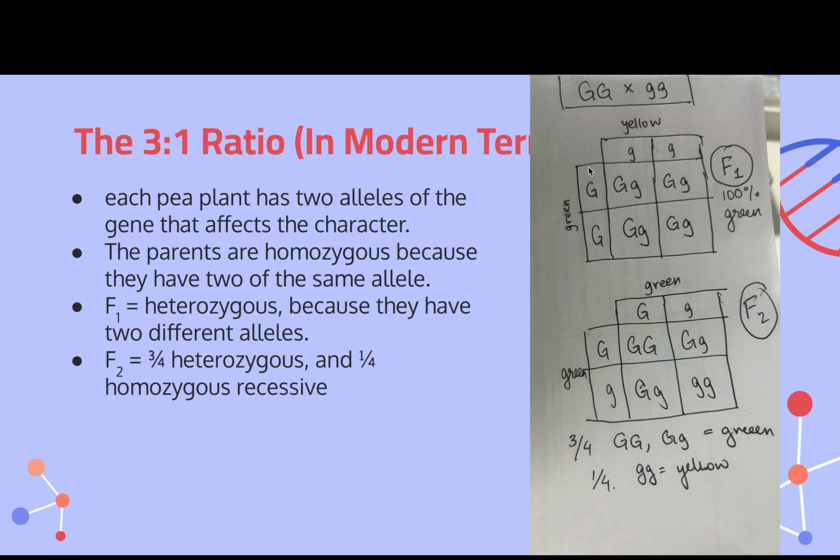And this is because there's one that will be a completely dominant allele pair, two that will be a dominant recessive heterozygous pair, which will still result in a green plant, and then one that will be a yellow plant because it will be a homozygous recessive, which means that's wrong actually. It's not 3-to-4 heterozygous.